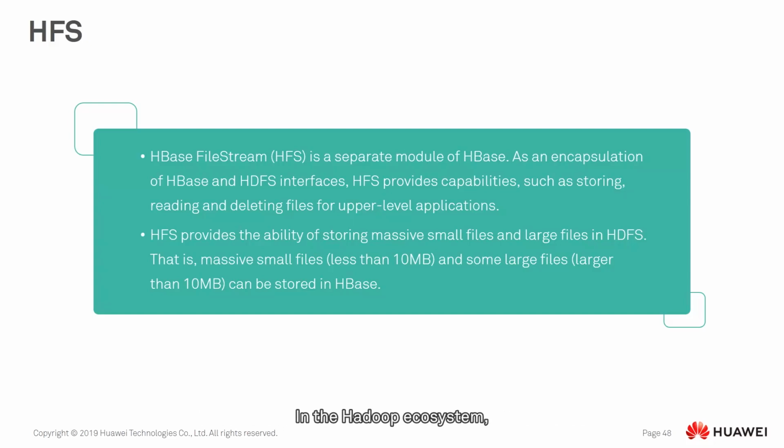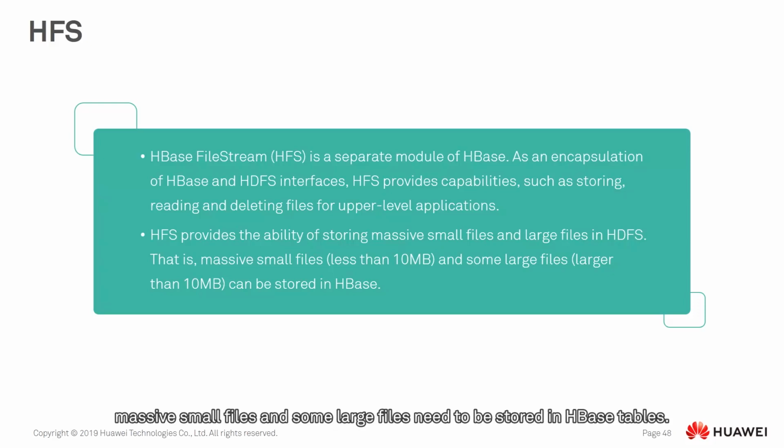In the Hadoop ecosystem, HDFS and HBase face tough problems in massive file storage in some scenarios, like if massive small files are stored in HDFS, NameNode will have great pressure, or some large files cannot be directly stored in HBase due to HBase interfaces and internal mechanism. The HFS is developed for the mixed storage of massive small files and some large files in Hadoop.